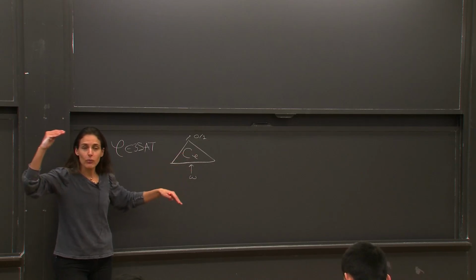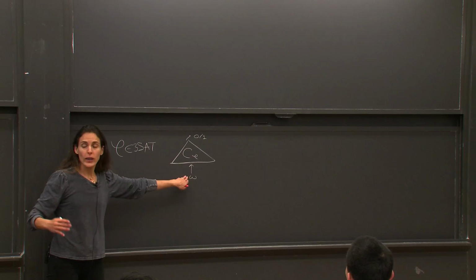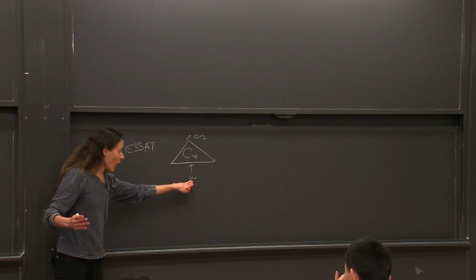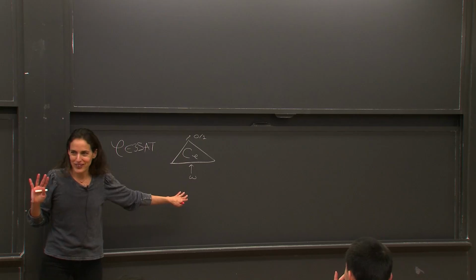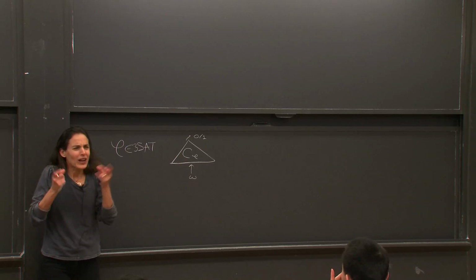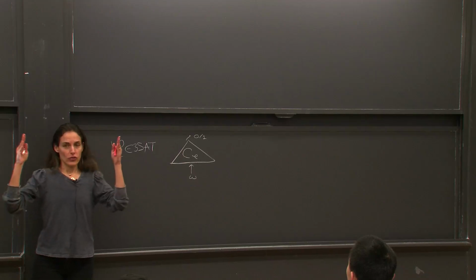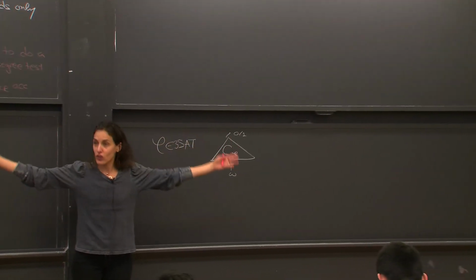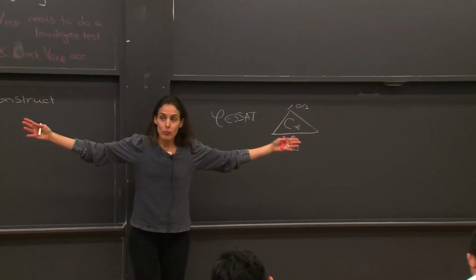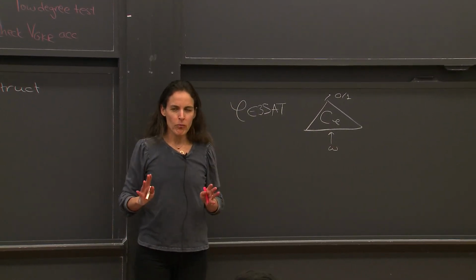So remember, the GKR protocol is a protocol that proves, for a low depth circuit and a given input, that the output is correct, even though, weirdly, the verifier doesn't know the input. So it's kind of weird to think of GKR in this context. The context of GKR was, there's an input, everybody knows the input, the prover and the verifier, but the circuit is large, and the prover wants to convince the verifier that the output is something.